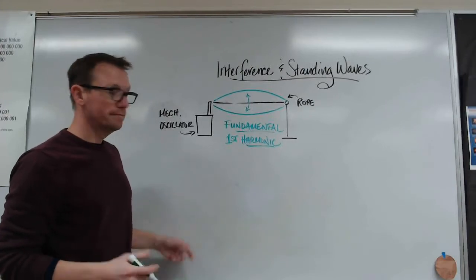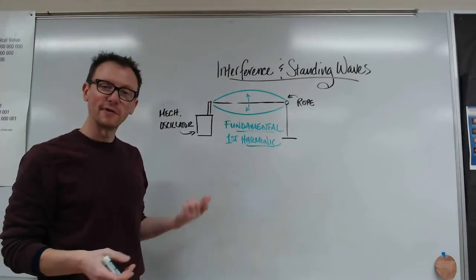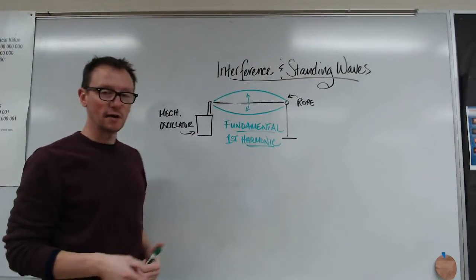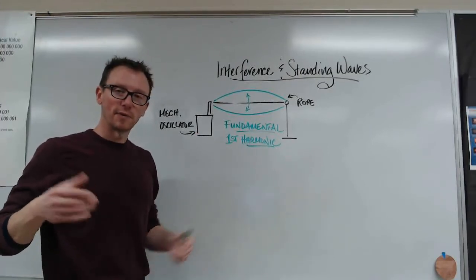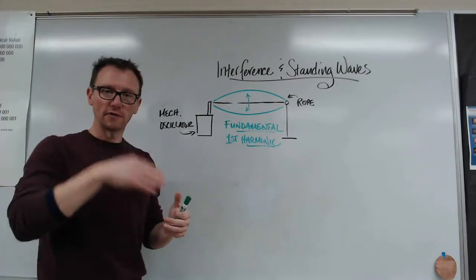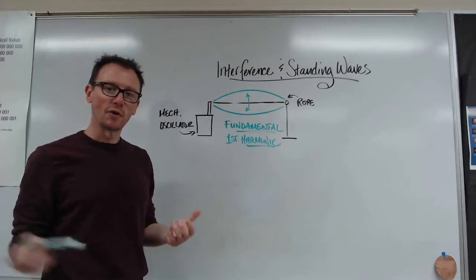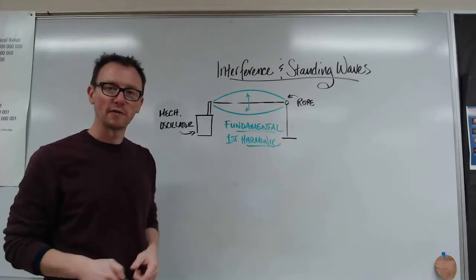So, all good, right? What happens if you increase the frequency? Well, if I increase the frequency on the mechanical oscillator, it ends up getting out of phase again, and so you get all sorts of wiggles and everything is fine. But it's not a standing wave anymore because you can actually see waves moving back and forth.